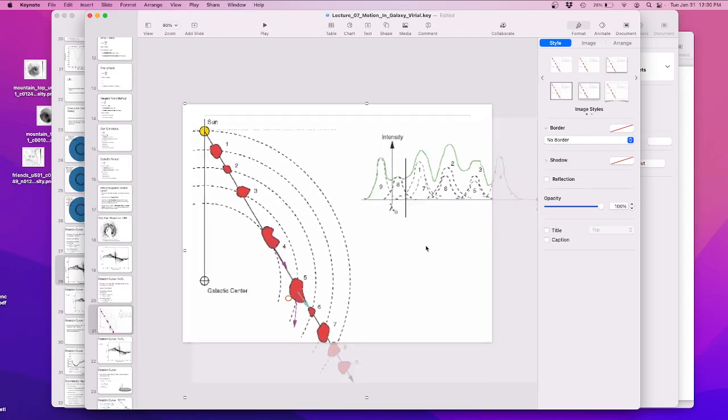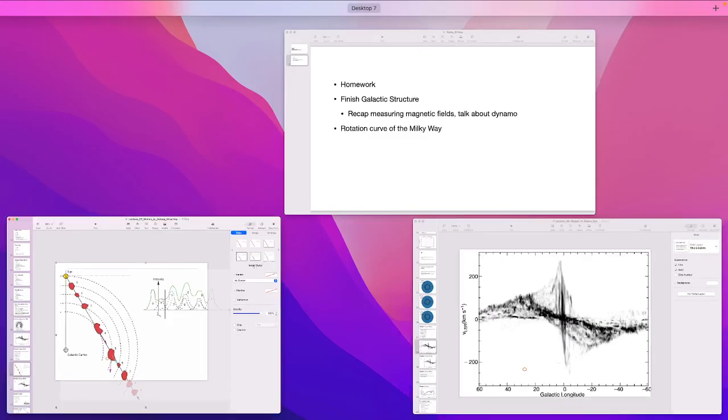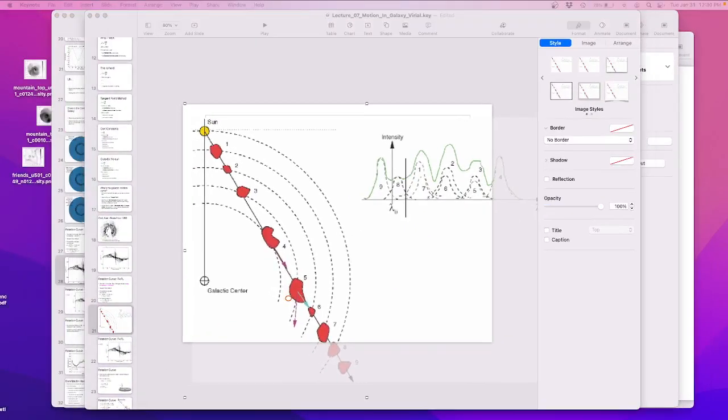So what the tangent point method gets you is this. As I'm looking out along this line of sight with my radio telescope, I see all of these clouds at different velocities. And this guy is going to be moving slower than this guy because v squared equals GM over r. So velocities tend to fall off with radius.